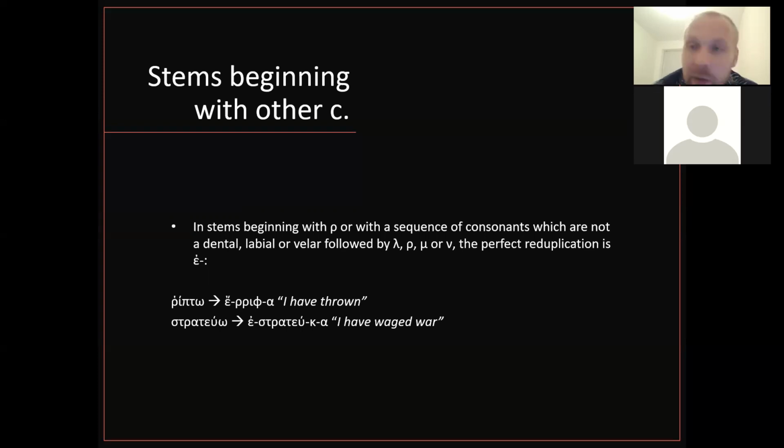So in these cases, when the reduplication mainly consists of the addition of an epsilon in front of the verb stem, the reduplication in the perfect form in question may, of course, be mistaken for an augment. But then we just have to look at the rest of the components to analyze it correctly.